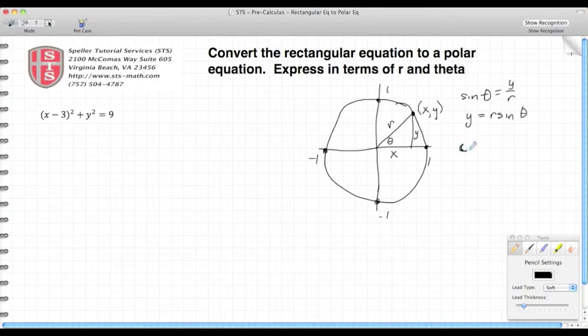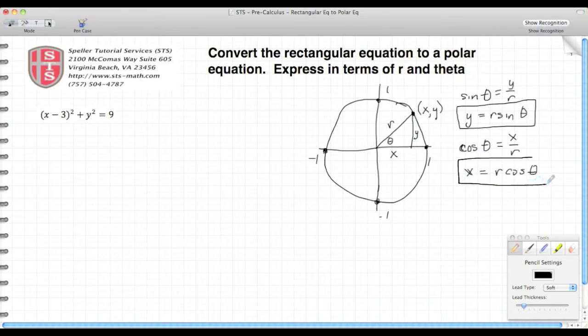And if we looked at cosine of theta, cosine is defined as the adjacent over hypotenuse, so that would be x over r, and again this can be expressed as x equals r cosine theta, done by cross multiplying. So we have our y equation in polar format, and we have our x coordinate in polar form.